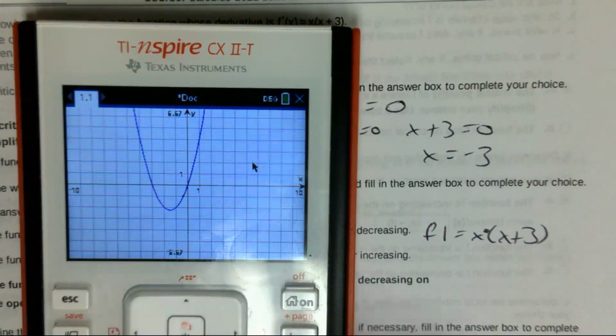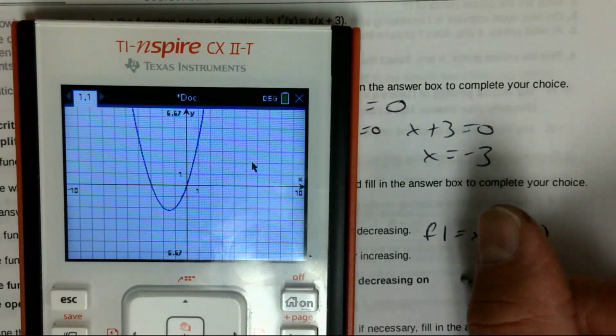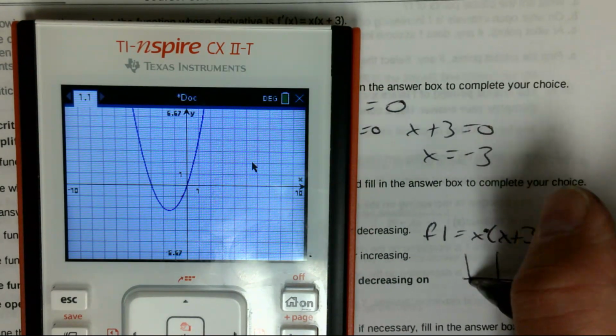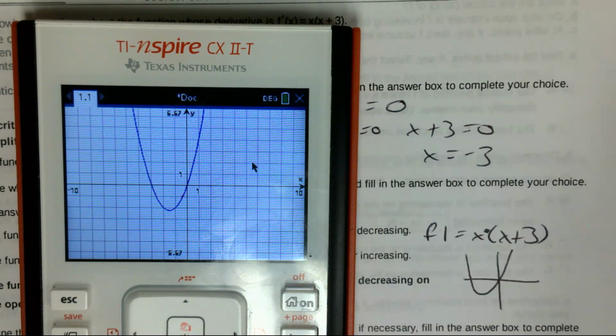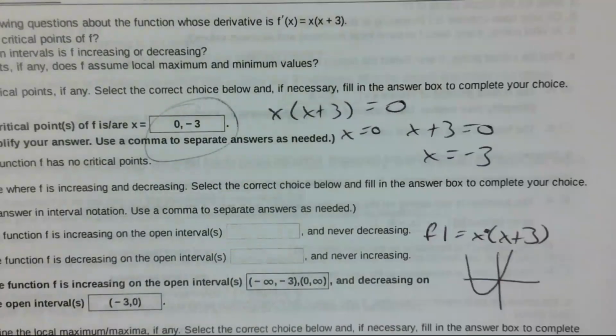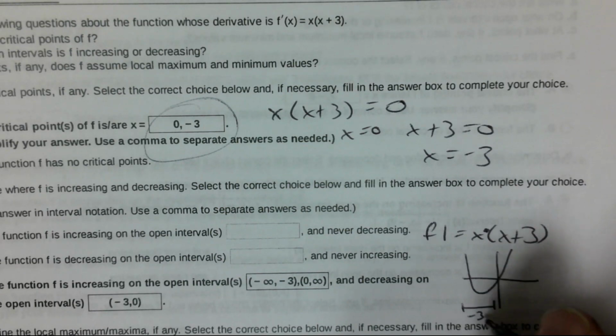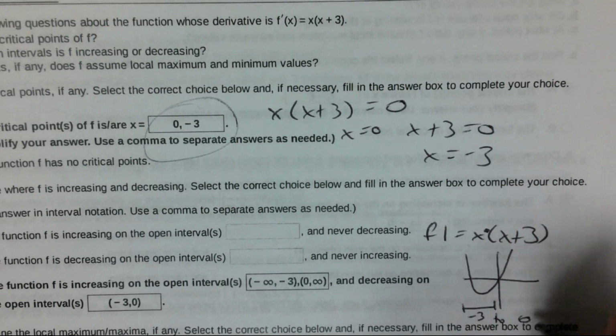And there it is. So when we graph it, it's going to look like this. And so between negative 3 and 0, it's below the x-axis.